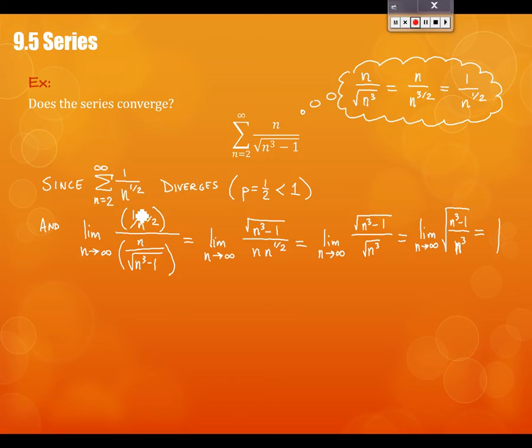By the way, if you pick the wrong thing to go up here, it's fine. In the end you'll get something different than 1, you'll get 0 or infinity, and then you'll be like, oops, try again. But it happens to be true that we picked the right one. The reason I know is we did some algebraic work here, evaluated the limit, and got a number that's not 0 or infinity. Yay.